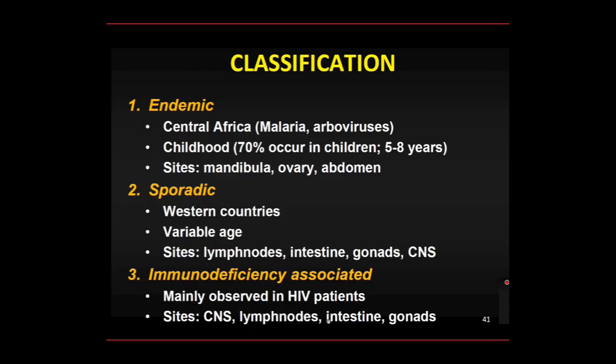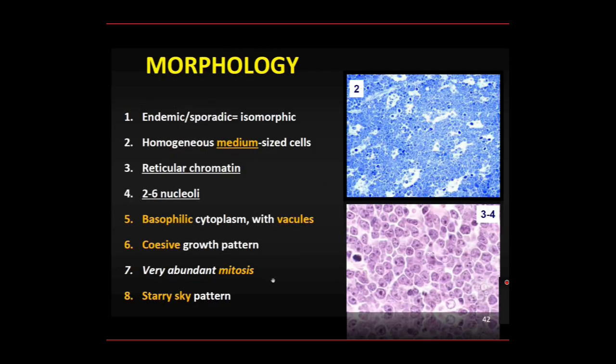The sites are lymph nodes, GI, and gonads, but also quite frequently CNS. Burkitt lymphoma is one of the most common lymphomas in HIV patients. Even though the group is officially immunodeficiency associated, most authors call it HIV associated, because the vast majority of patients are HIV positive.